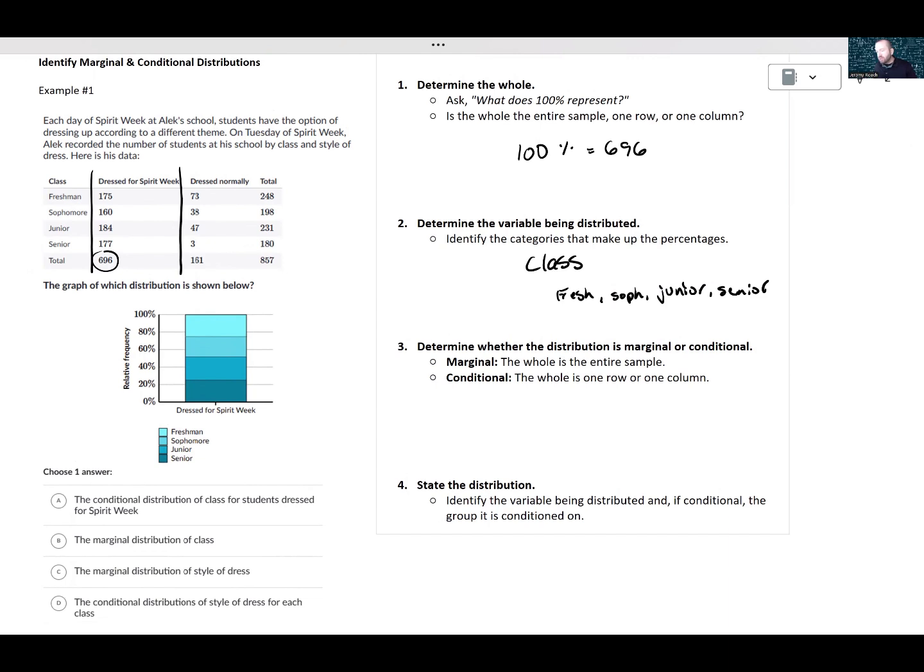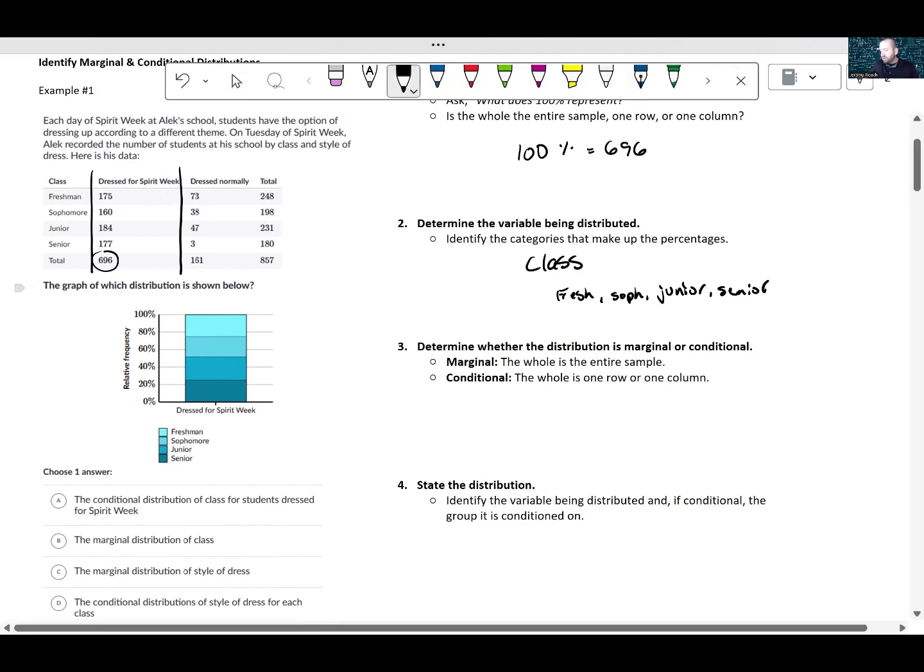If it's conditional, it's on the condition of one of these things happening. In this case, whether they're dressed for Spirit Week or whether they are dressed normally. And so this one is not looking at a grand total. 100% is on the condition that the students are dressed for Spirit Week. And so this is a conditional distribution.